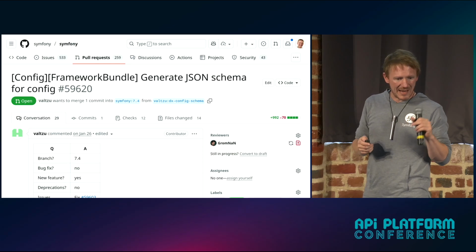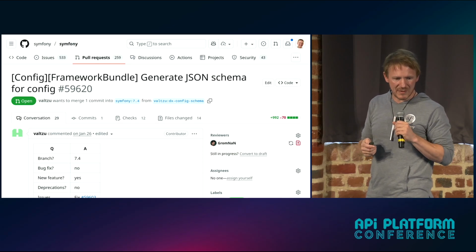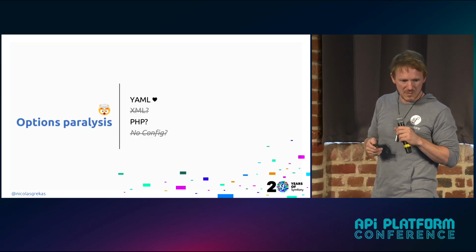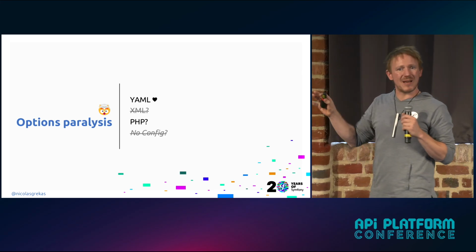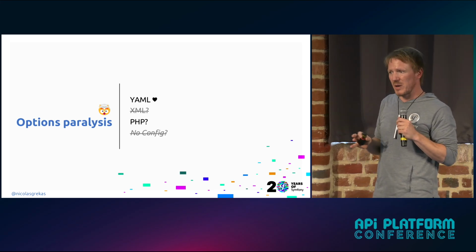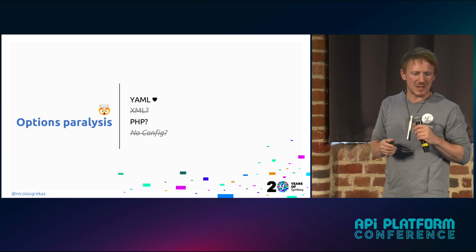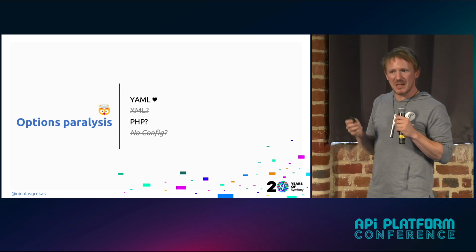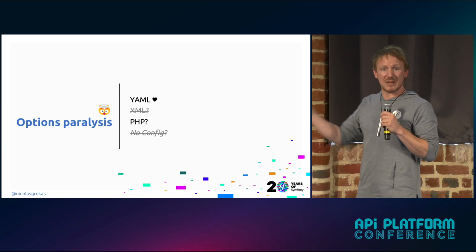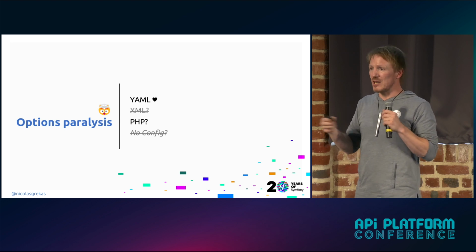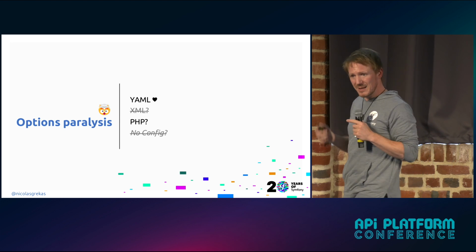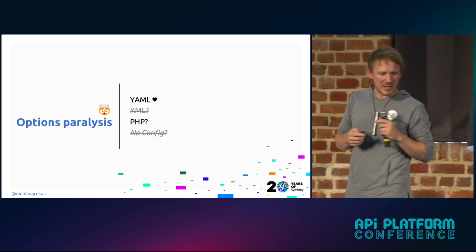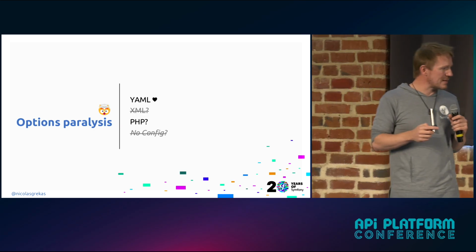So, yeah, I would really, really love to have that very soon. So that means YAML, we still love YAML. It still provides the packaged experience that we want, especially the Flex experience, plus now improving that with validation and auto-completion. So let's talk a bit about PHP, which is the remaining format.